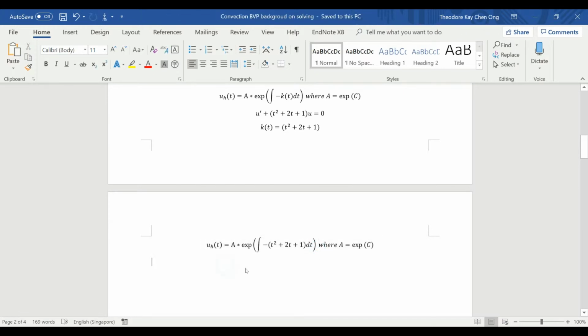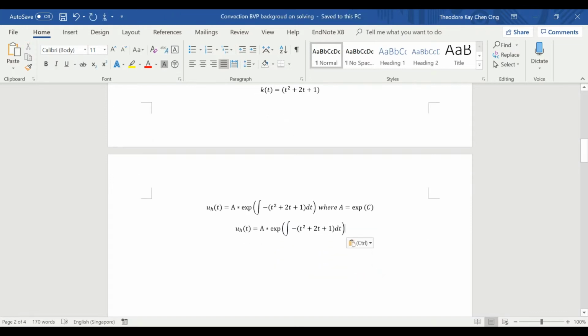So the next step is to integrate this t squared expression here. I'm going to take the minus sign out, and then integrate the inside as per normal.